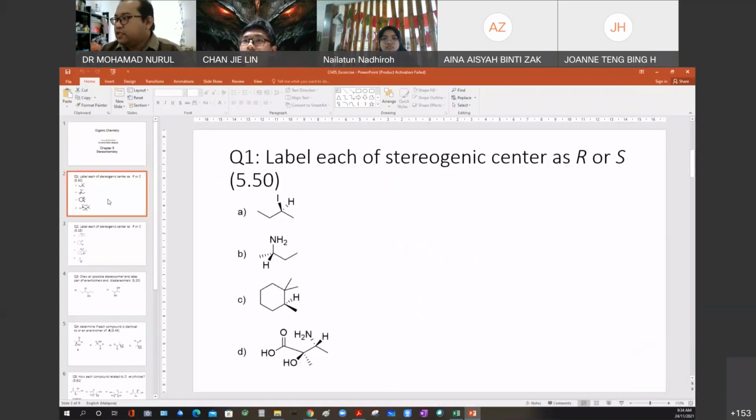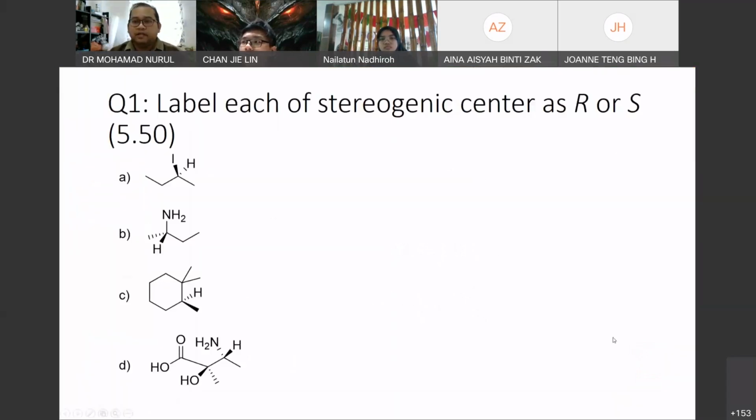Okay, the first question is you have to label the stereogenic centers, whether it is R or S configuration. It's just a question from the textbook. So we have these A compounds.